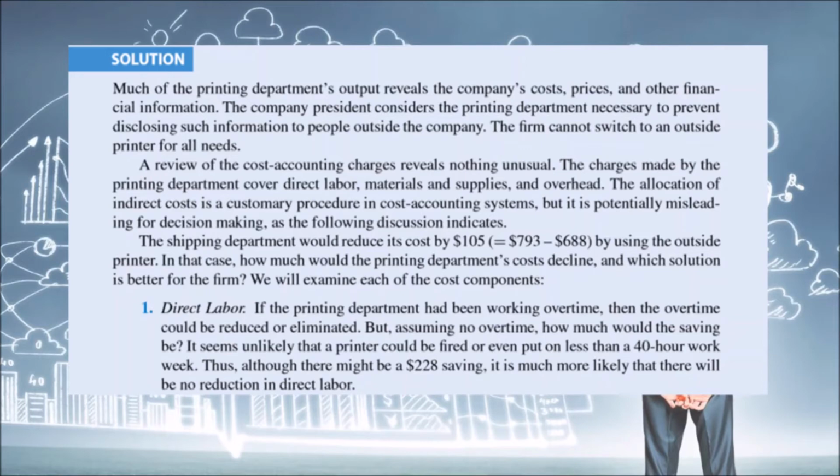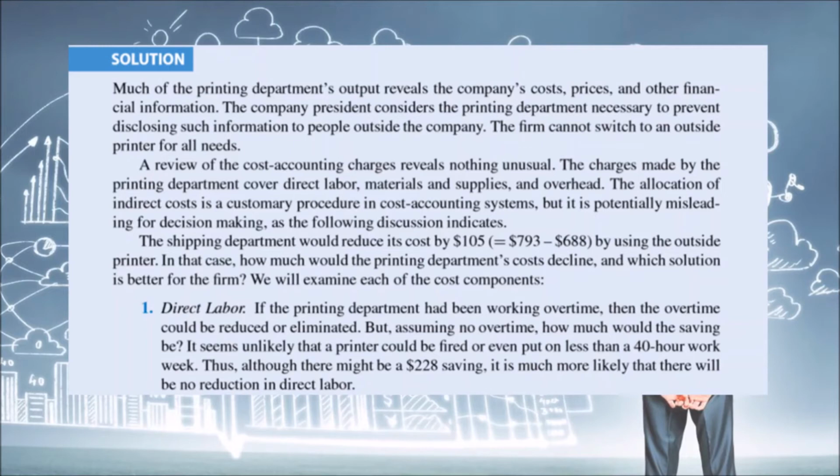A review of the cost accounting charges reveals nothing unusual. These charges made by the printing department cover direct labor, materials and supplies, and overhead. The allocation of indirect cost is customary procedure in cost accounting systems, but it is potentially misleading for decision making, as the following discussion indicates.